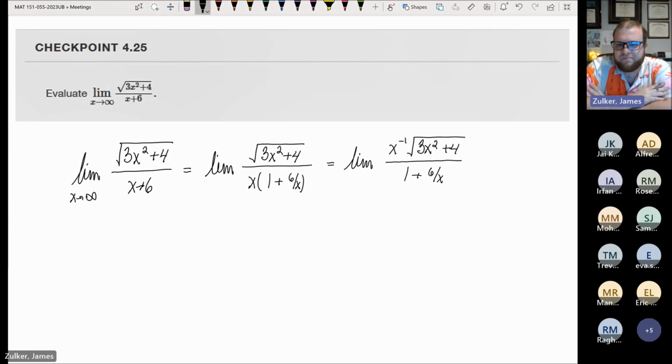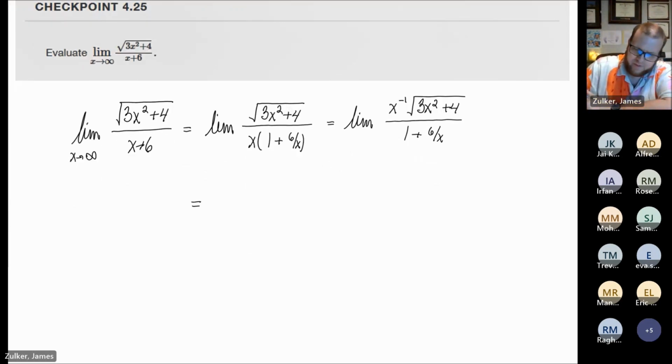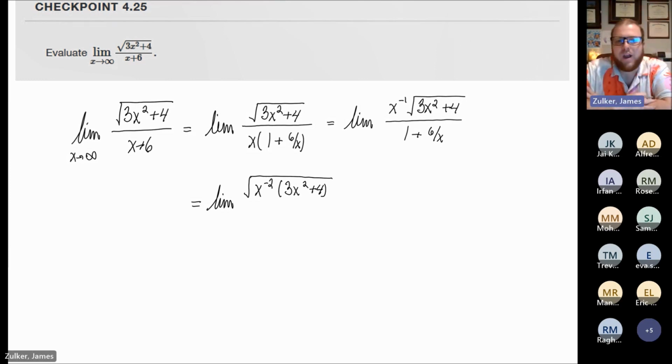Move it up to the numerator. Distribute it through, so to do that, we have to first square it, and then we can put it inside the square root.